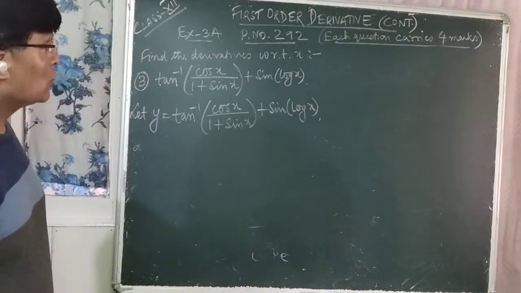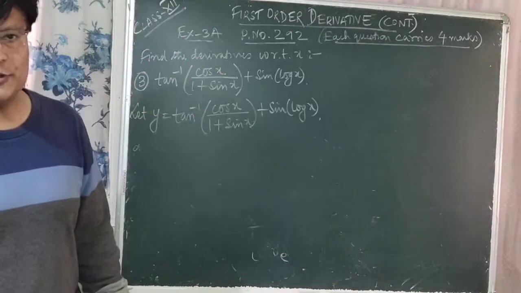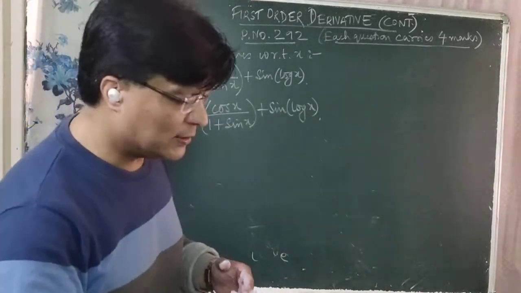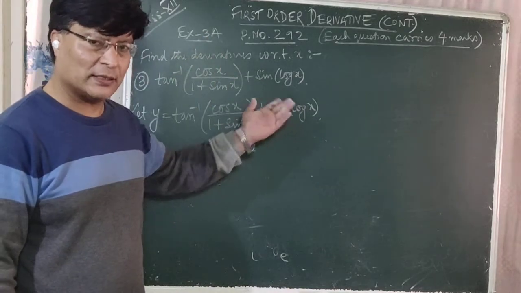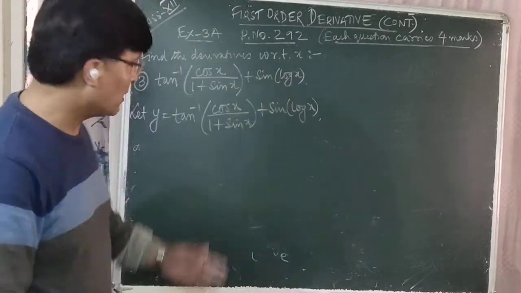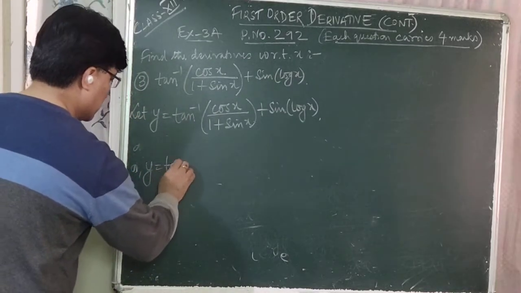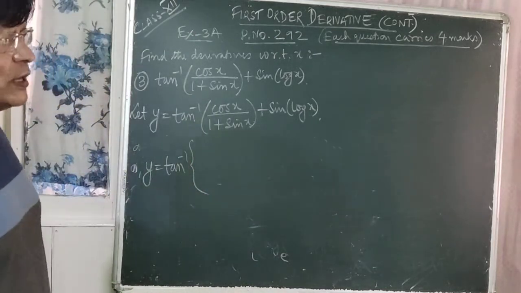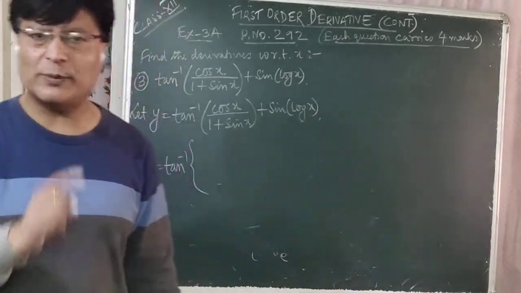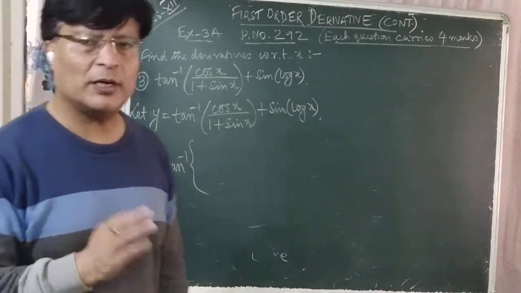Let us simplify the first function here, because this is in terms of inverse circular function. You can simplify it and then differentiate it, keeping the second term as it is. Let us simplify the first term: y is equal to tan inverse. Now write down within second bracket, what is the formula for cos x in trigonometry? You should write the formula from sub multiple angle.